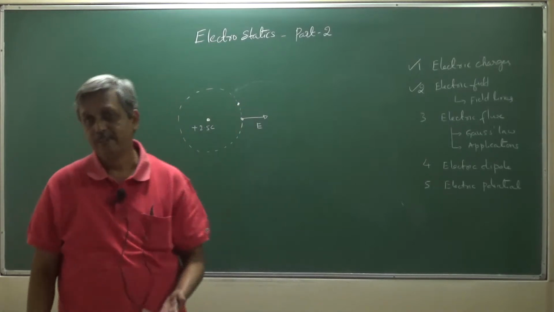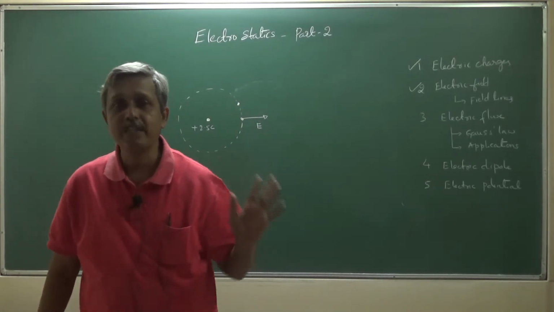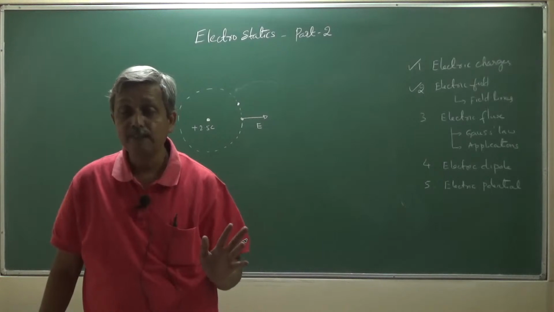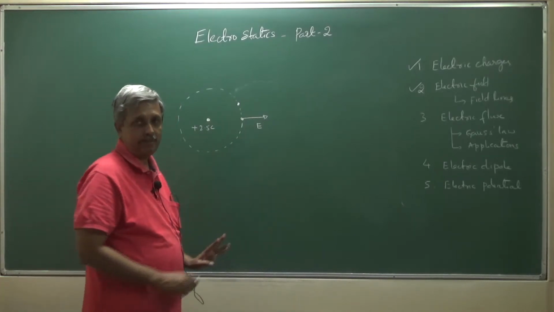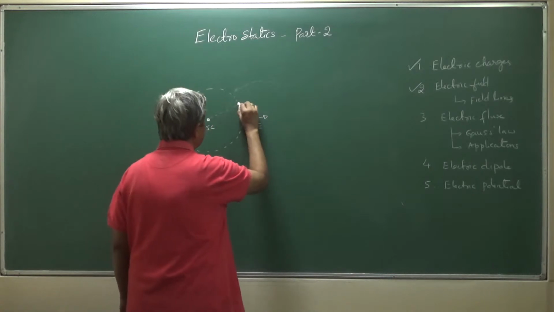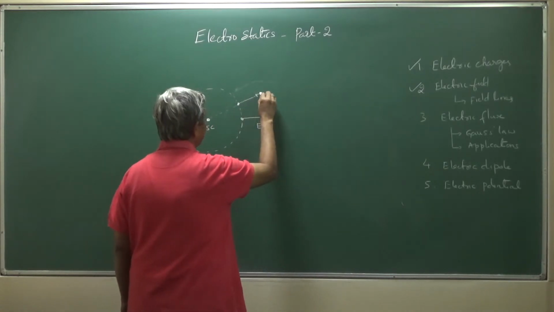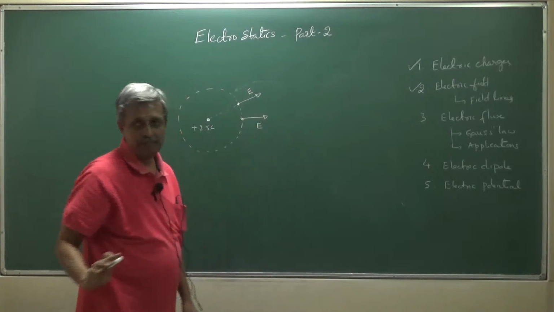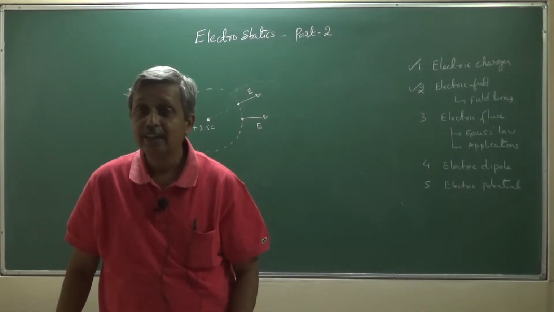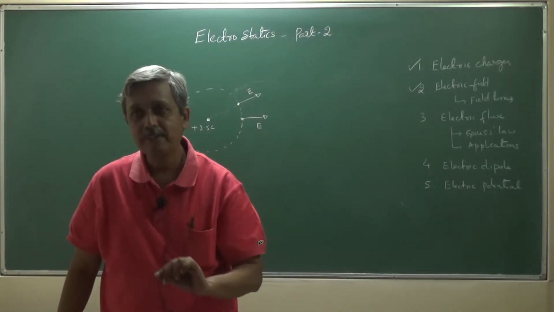R is same, so the value of the electric field will be same. That means the length of the vector is same. This length and this length are same, because they are at equal distance from the center.